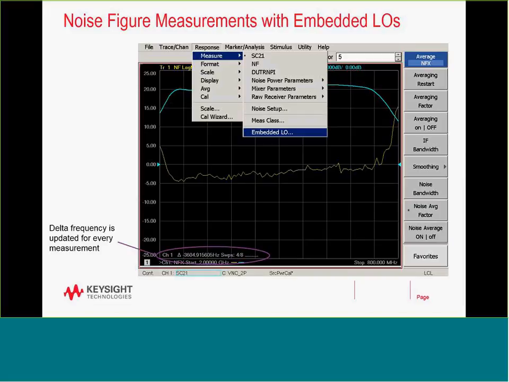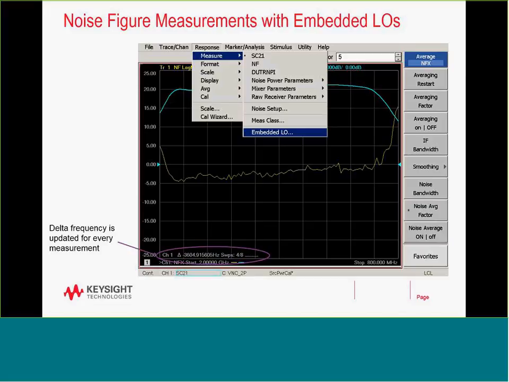Embedded LO is also very critical. If you have a device that's a receiver, but it has its own LO, and we don't have access to its 10 megahertz reference, or we're not going to be delivering the local oscillator to your device, the phase component of both the receiver and the PNA are going to be uncorrelated. So what happens is that you're going to get a lot of jittery measurements.